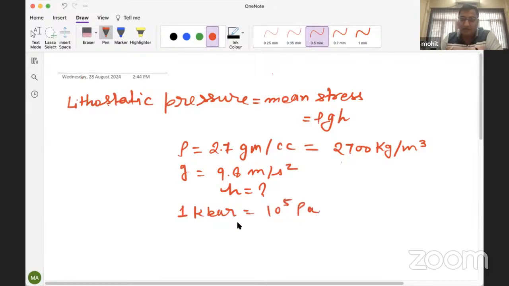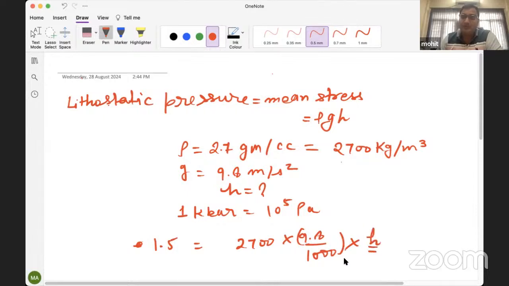Lithostatic pressure is 1.5, the mean stress they have asked for, rho is 2700, and g you convert into kilometer per second square. Meter to kilometer is a factor of 1000, and you multiply it with h, which you are required to find out. When you do the calculation, it comes out to be approximately 5.6 kilometers.